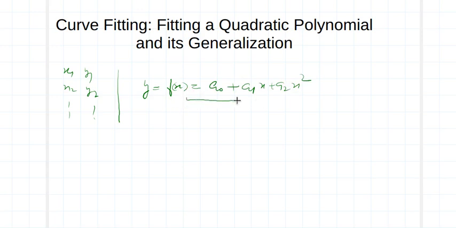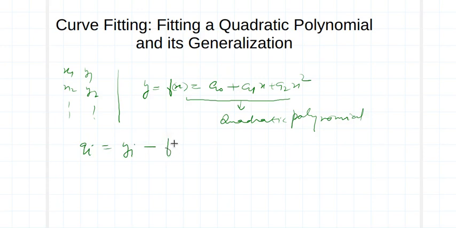It is a quadratic polynomial which we want to fit to this data. So the error for the ith observation is qi, and it is represented as yi minus f of xi, as we have discussed in the earlier lecture.